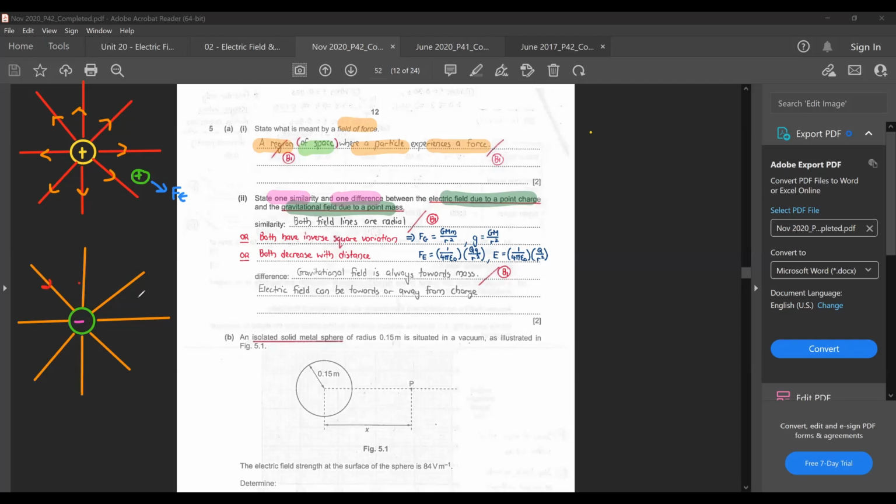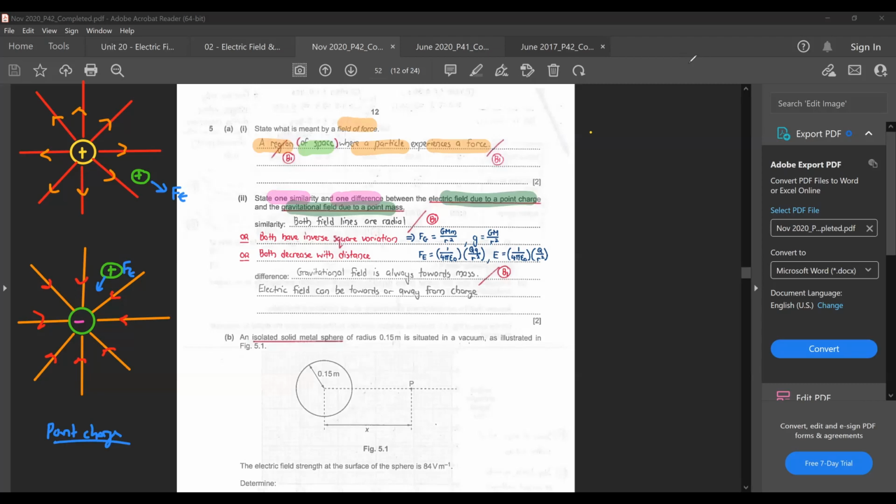Because if you consider a positive test charge placed at any point inside your electric field, say I place a positive test charge over here, because the two charges involved are now positive and negative, you're going to have attractive forces. So the force acting on your positive test charge is going to be inwards towards the main charge itself. So the direction of your electric field would be inwards. So this is for a point charge.